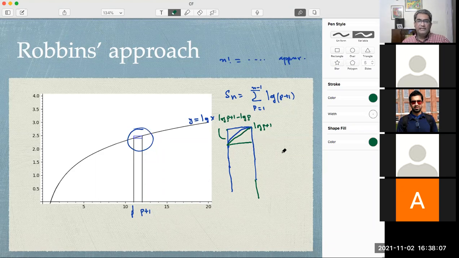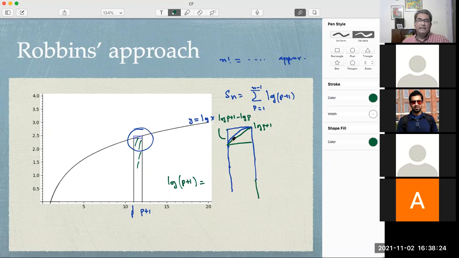He says let's break it up into 3 parts. He takes the whole rectangle, the area of the entire rectangle, which is log of (p plus 1). And that he estimates by means of 3 items.